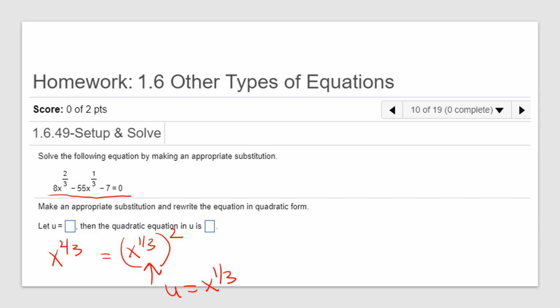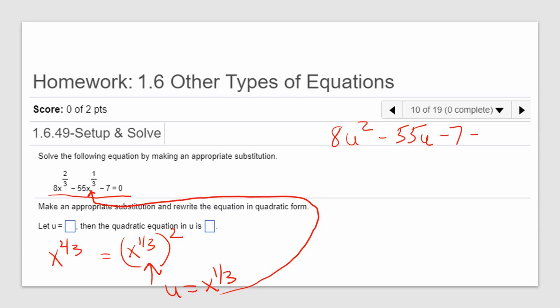If you look right here, see how that is x to the 1/3 power? So now this problem becomes 8u squared minus 55u minus 7 equals 0. Again, 8 times negative 7 is negative 56, so I need factors of negative 56 that add to be negative 55.